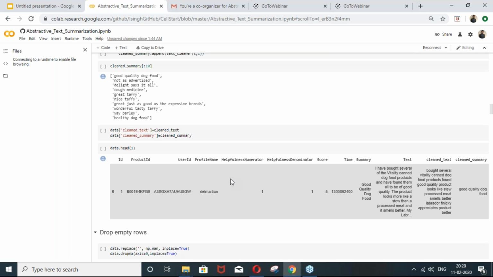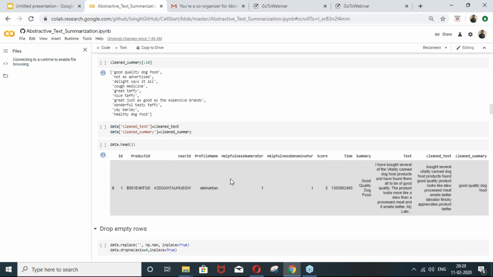We have already given the summary as well as text, and again we are producing our own summary to see how much percent it is matching to the original summary. So I hope I cleared it.